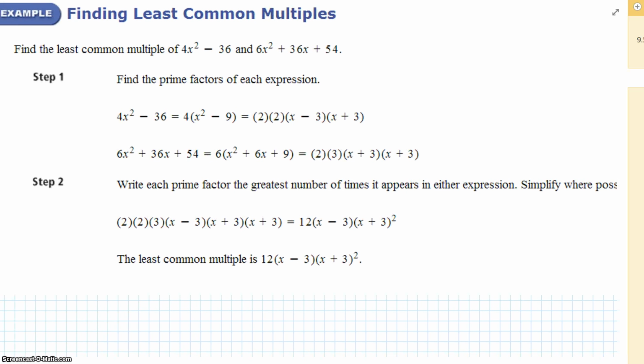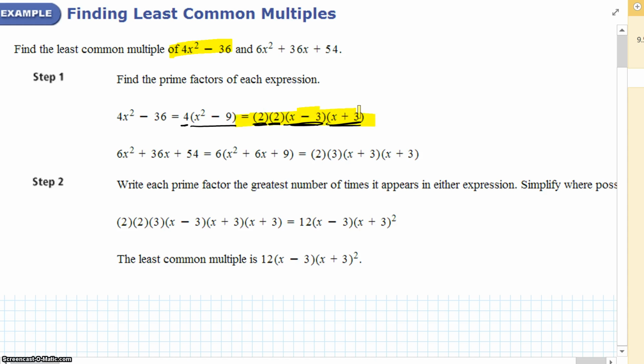So find the least common multiple between 4x squared minus 36 and the next expression. So we can factor out a 4, and for the first one, get 4 times x squared minus 9, which prime factored would be 2 times 2 times x minus 3 times x plus 3. So we've taken care of the first term, and we've simplified it to that.